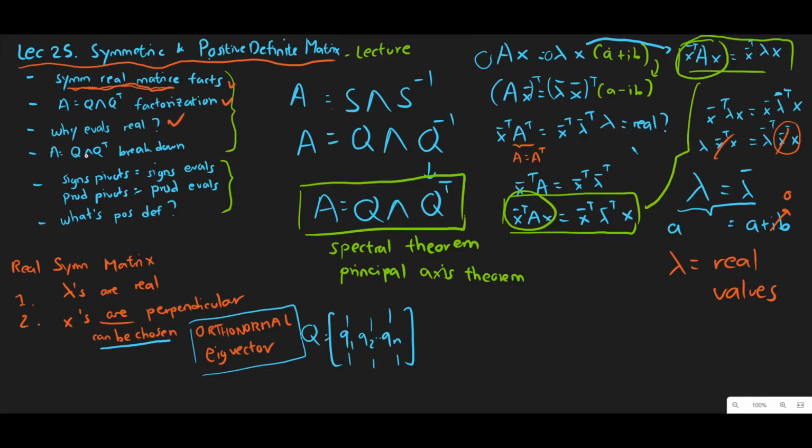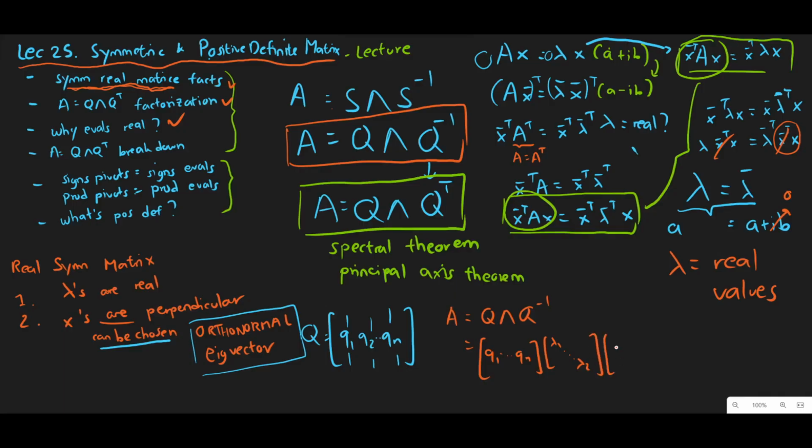And Professor Strang, the lecturer, also mentioned breaking down this new factorization that we have. So I still have some space, let's bring it here. Let's see what is happening inside this matrix. I have Q1 until Qn, then I have all the eigenvalues in the diagonal. Here I have the transpose of them, Q1 transpose until Qn transpose, which are in rows.